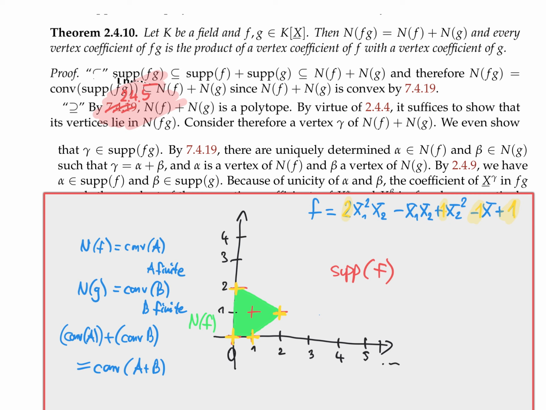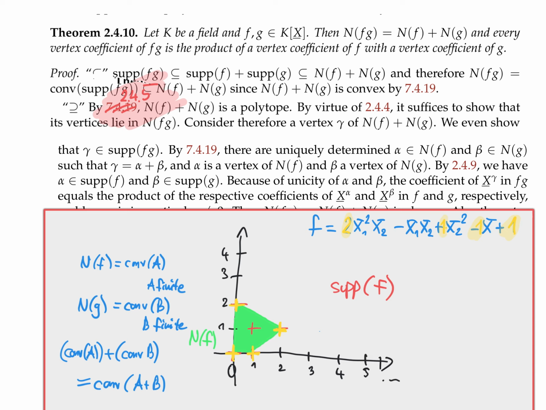Because of uniqueness of alpha and beta, the coefficient of x to the gamma in fg equals the product of the respective coefficients of x to the alpha and x to the beta in f and g. Right? I have just one way of producing such an extreme point of a Newton polytope.